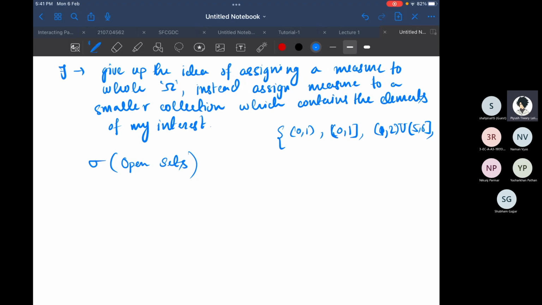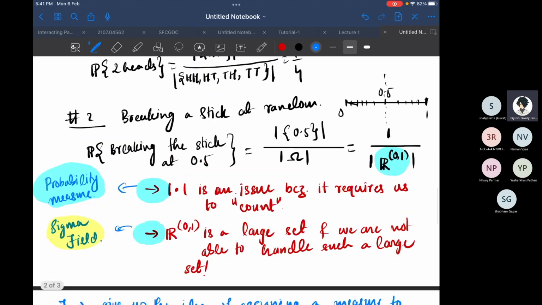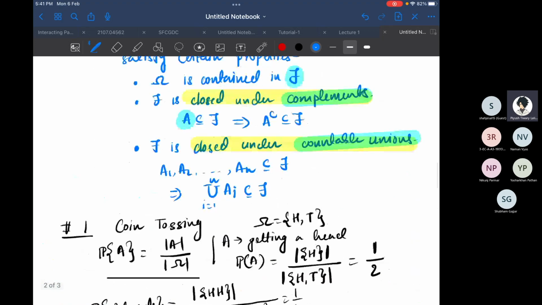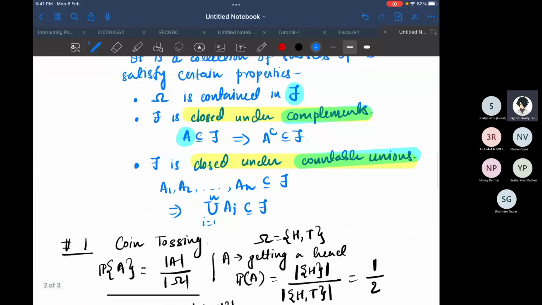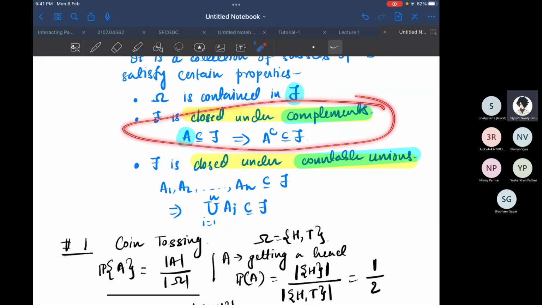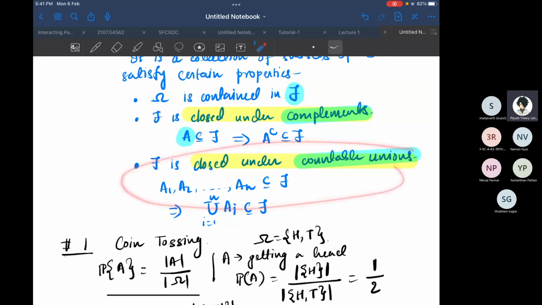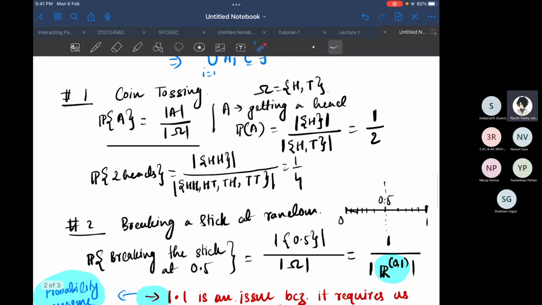Any open interval that you see at any end is good enough for me. If I create a sigma field using these open sets, that means I ensure that all these properties are satisfied: that omega is contained in F, F is closed under complements, and F is closed under countable unions, and all those things.